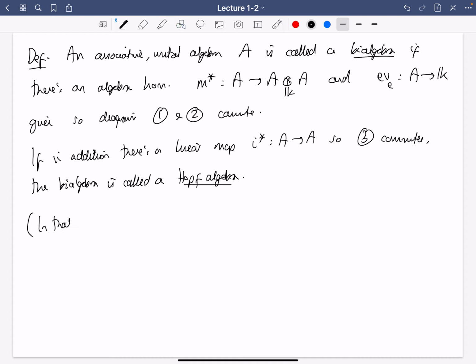In that case, that linear map I star is actually unique, right? So being a bi-algebra, the M star, the co-multiplication and the co-unit, they're data that need to be given. They're part of the data of a bi-algebra. But this I star, this antipode, if it exists, it's unique. So it's not actually additional data, it's a property of the bi-algebra. If the bi-algebra possesses an antipode, it's called a Hopf algebra. That's a property, not an extra piece of data.